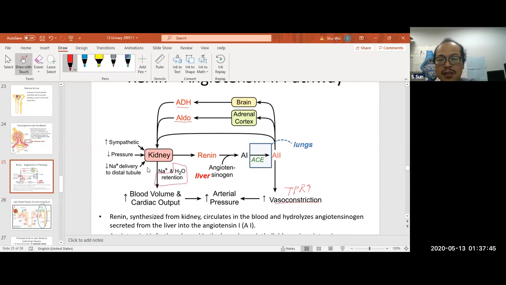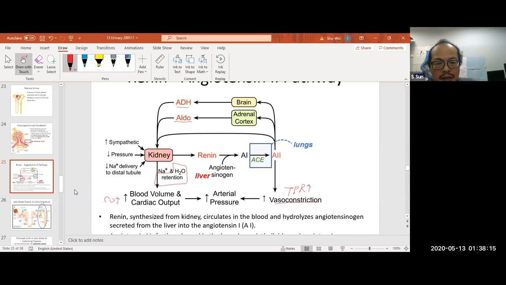This water retention provides venous return. Higher venous return will cause higher stroke volume. Stroke volume increase will cause cardiac output to increase. So here we have CO increase.